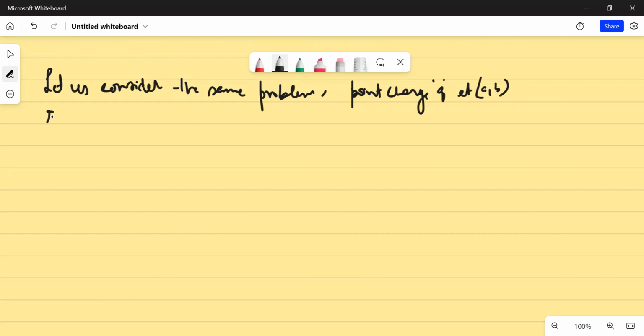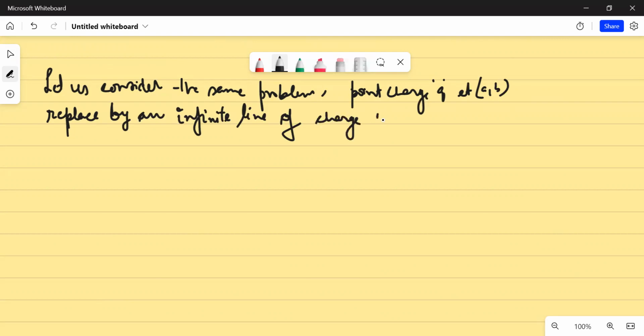So let us replace it by n infinite lines of lambda, and let us keep it in a perpendicular direction. I'll keep it parallel to the z-axis. So I'll use this kind of symbol. Okay, so this is outside the paper and this is inside the paper.